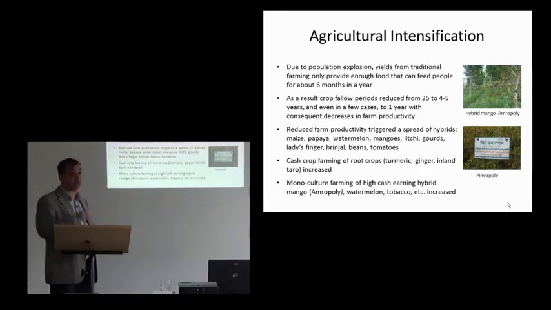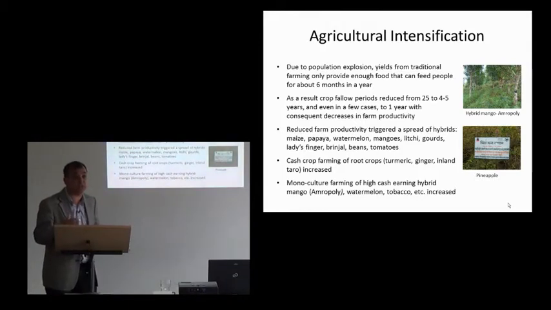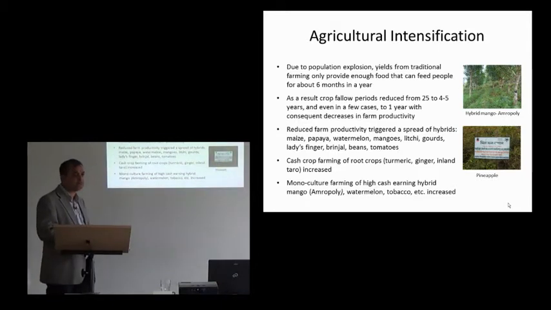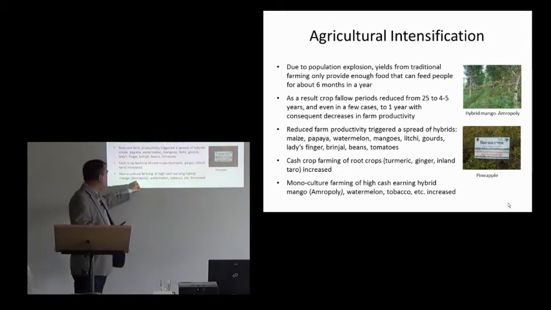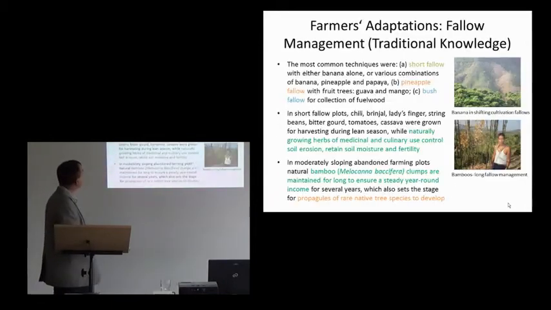On the hill slopes, turmeric and ginger do a lot of damage. Unfortunately, monoculture farming of these crops is increasing. And also, very recently, mango as a hybrid variety, watermelon, and tobacco are also increasing because these are high cash yielding.